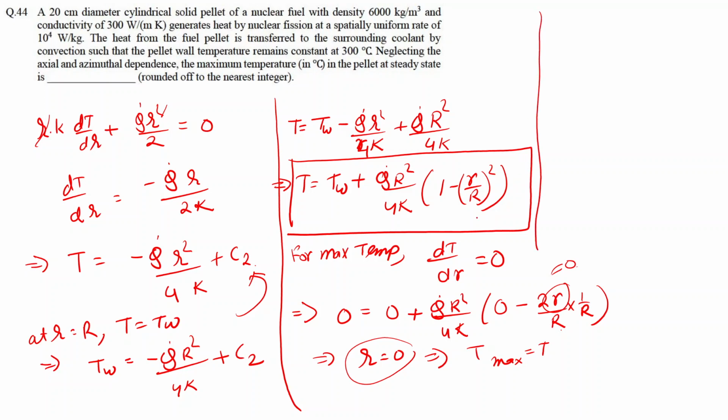So yes, we can put r equal to 0 in this equation, and we can get T max as TW plus q dot R square upon 4k, this will be 1 minus 0. Now we can just replace all the values. So the wall temperature we have been given as 300 degrees Celsius plus q dot we have been given as 10 raised to 4 watt per kg.